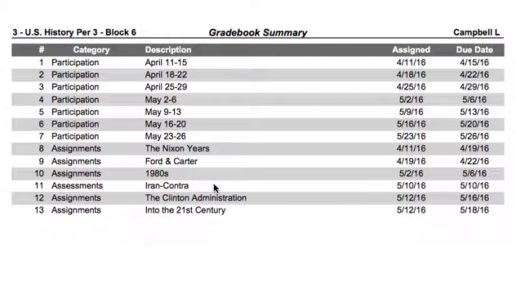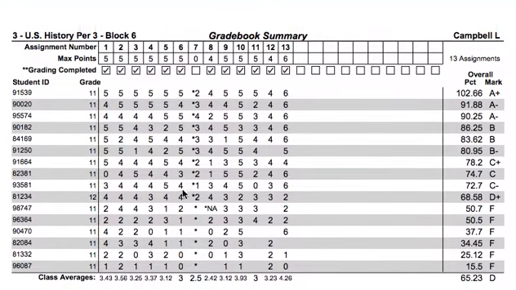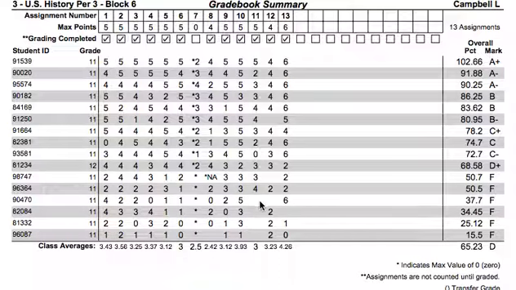If there was a 0 entered, that would mean the student actually took the assessment but got every question wrong. But that's not the case. Here this student was not present or never took that assessment and didn't make it up. So it is a missing assignment. Blanks would be missing assignments.